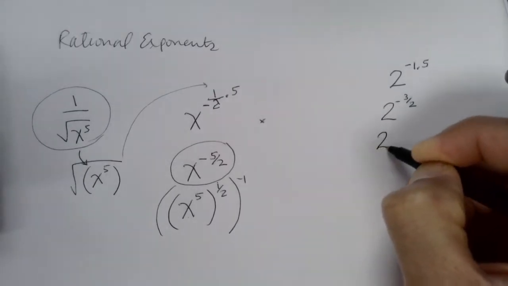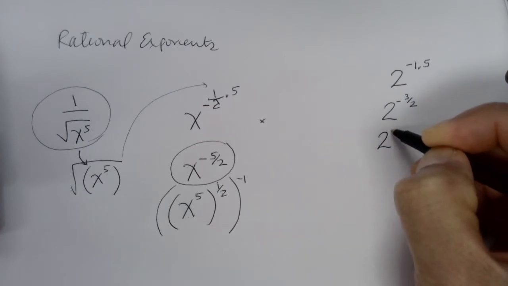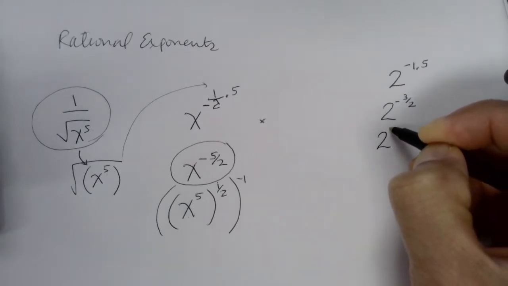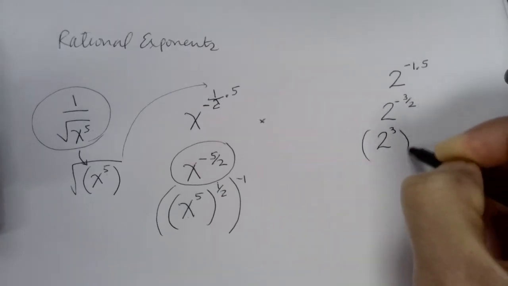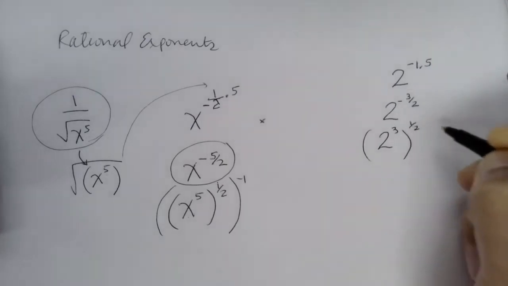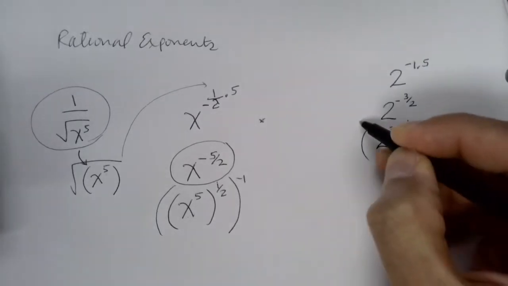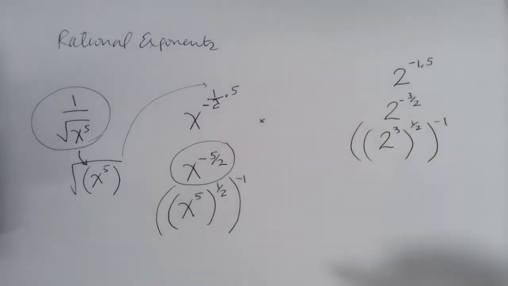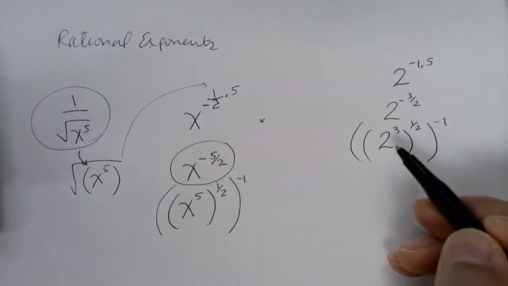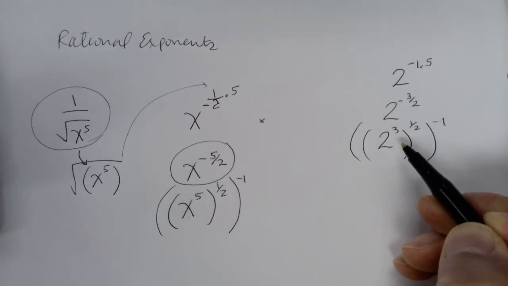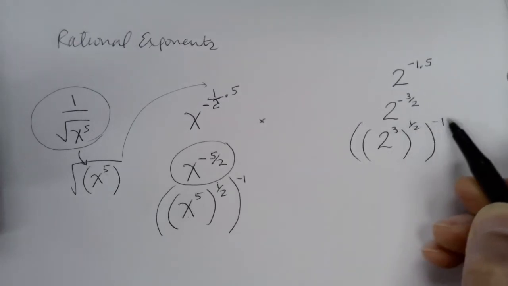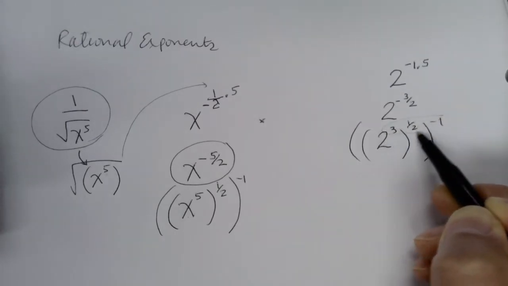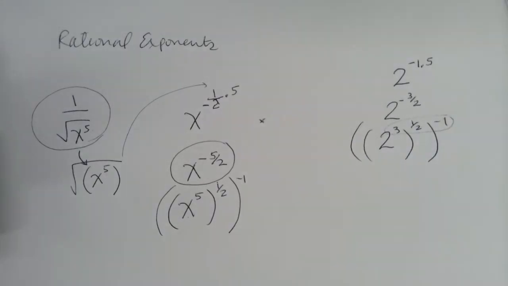So I could rewrite this as 2 to the 3rd to the 1/2, right? Because that's going to be 3 over 2. And then I'll deal with this negative sign again separately. Right, when I take powers of powers, they multiply, so basically that multiplies out to negative 3 over 2.